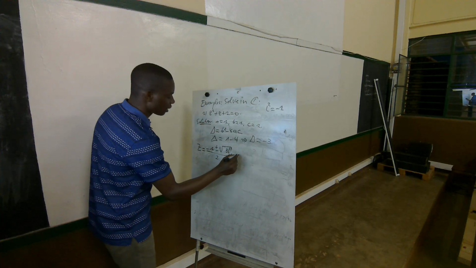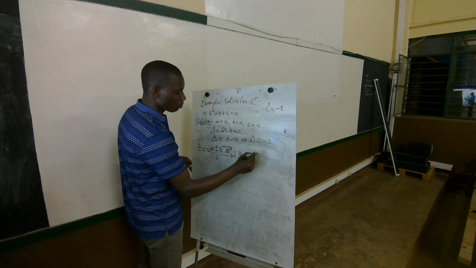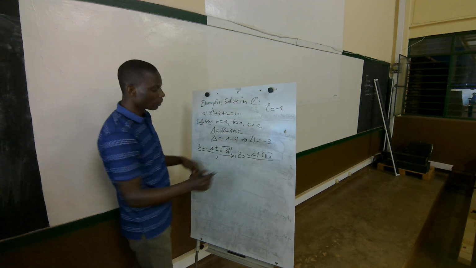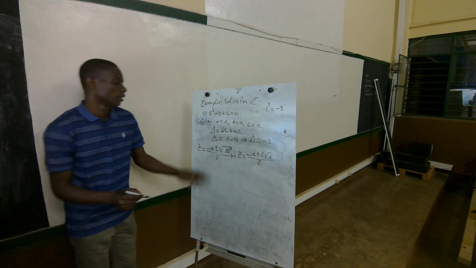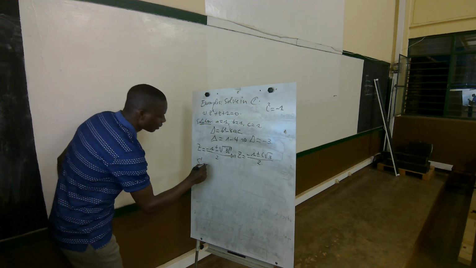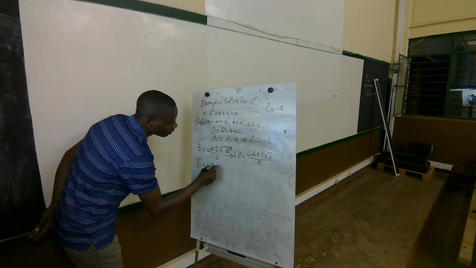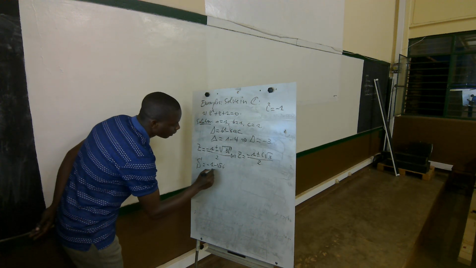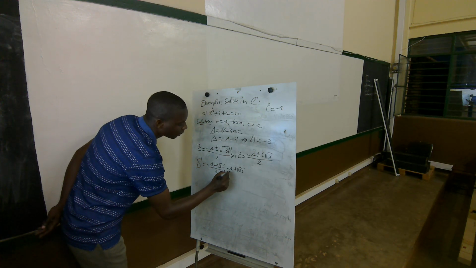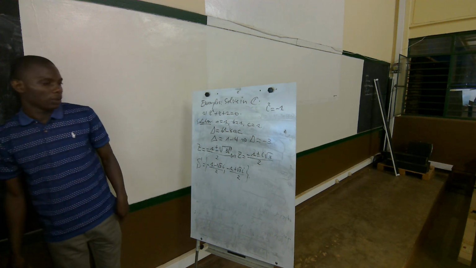So this is equivalent to z equal to negative 1 plus or minus i square root of 3 over 2. Now this is our solution. So the solutions are negative 1 minus square root of 3 i over 2, and negative 1 plus square root of 3 i over 2. That is the solution for this kind of equation.